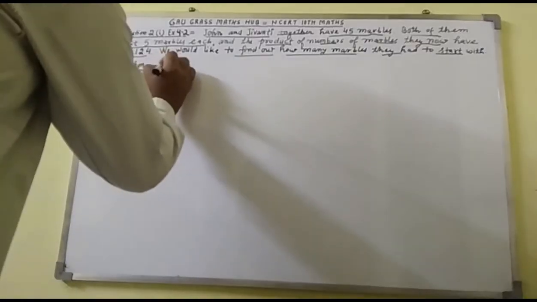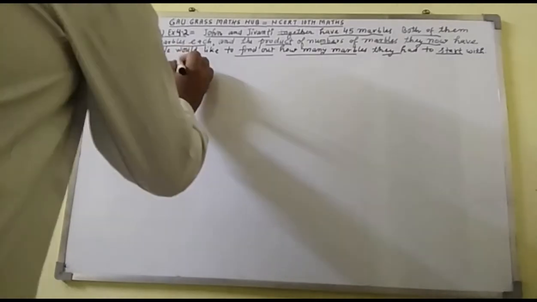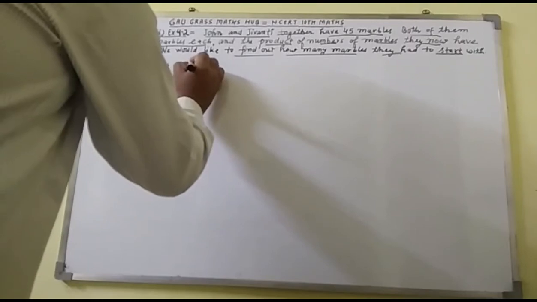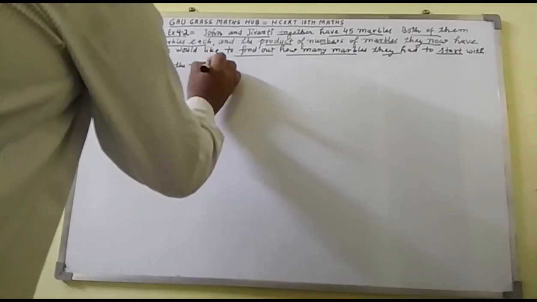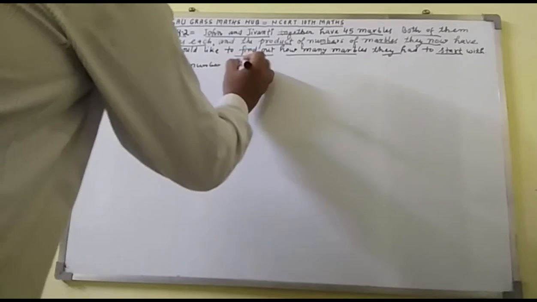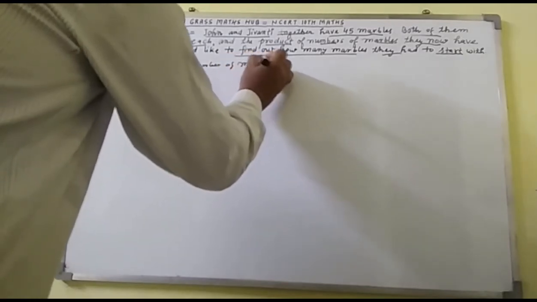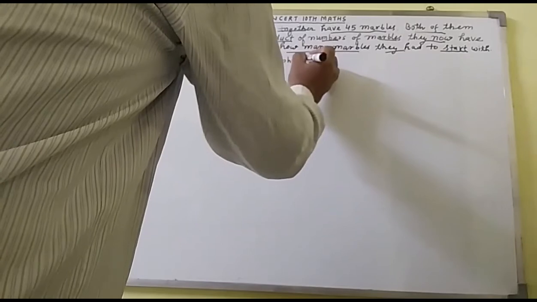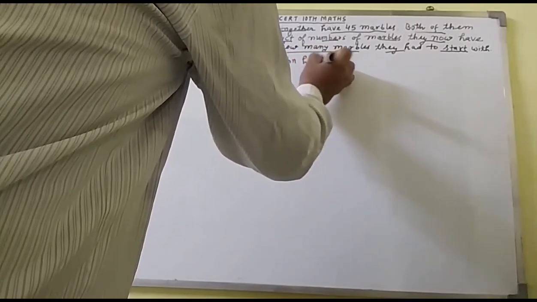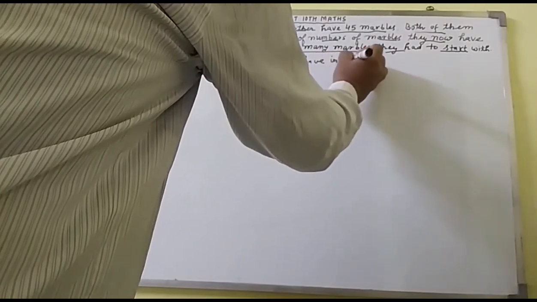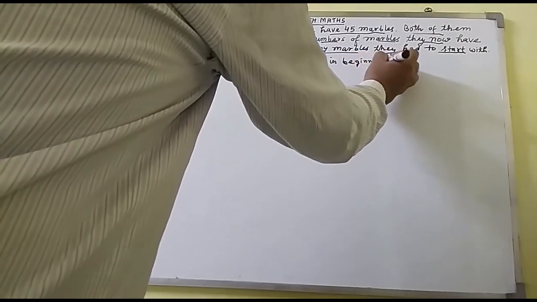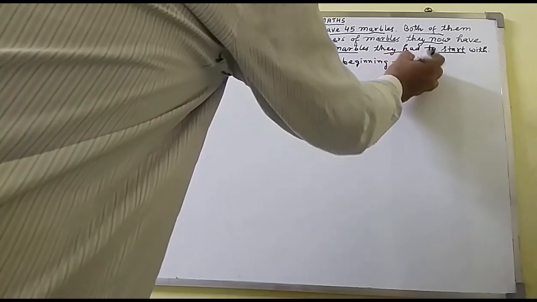Let the number of marbles John had in the beginning equal x.